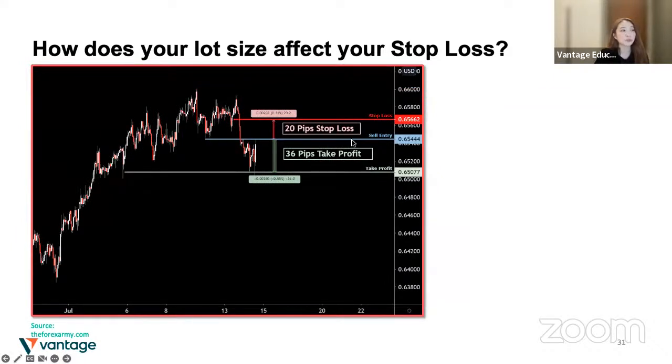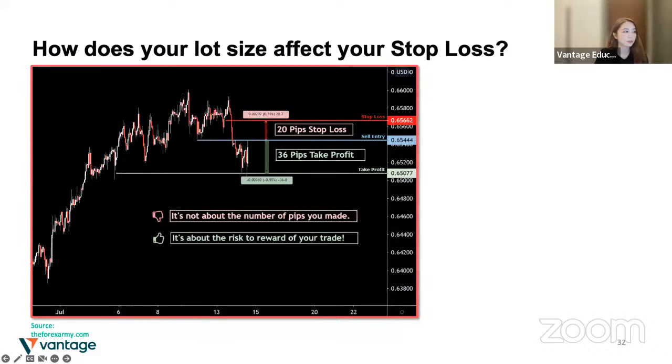Okay, so we can look at 20 pips stop loss and 36 pips take profit. We are also looking at the risk to reward of your trade. You can tell people that, oh, I did a very good analysis, I gained 36 pips and everything. However, you are risking 20 pips just to get 36 pips.